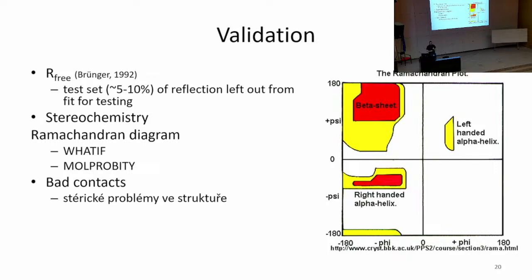Of course, it can be one or two amino acids, but not half. The same thing applies to steric problems in the structure. That check is quite similar in this line as well.